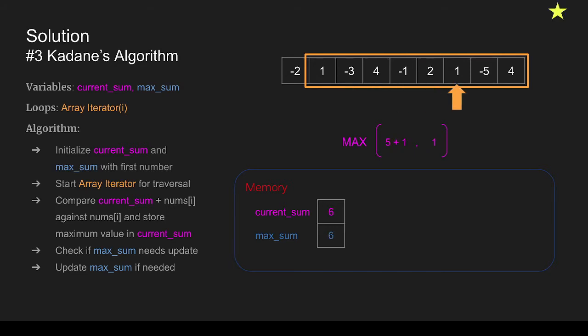We reach this position where the maximum gets the last update, and after that there are no updates in the current sum, and the iterator reaches 4. As you can see, the time complexity stays at O(n), similar to dynamic programming, but the space complexity has reduced from O(n) to O(1).